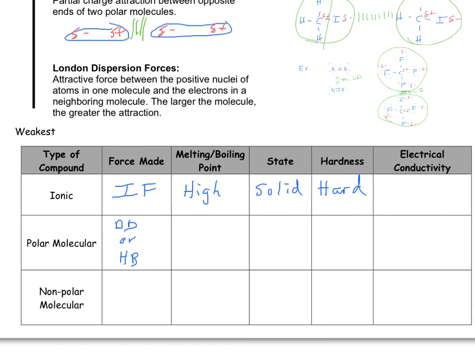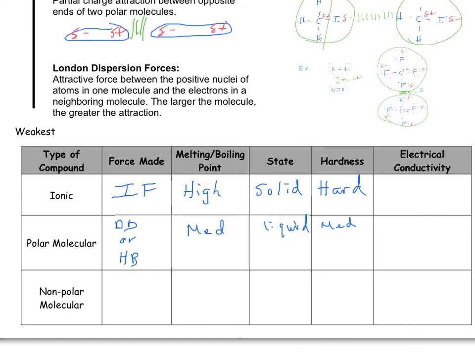So polar compounds have medium melting points and boiling points. And they're usually liquids at room temperature. When they are in their solid state, they can be medium hardness, which means they are hard. You can't squish them, but you can carve them.